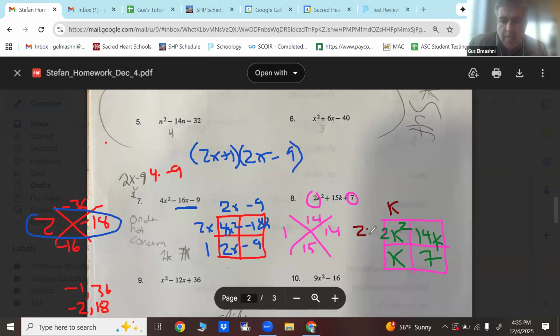So this has to be a 2K. This has to be a 7. This has to be a 1. There we go.